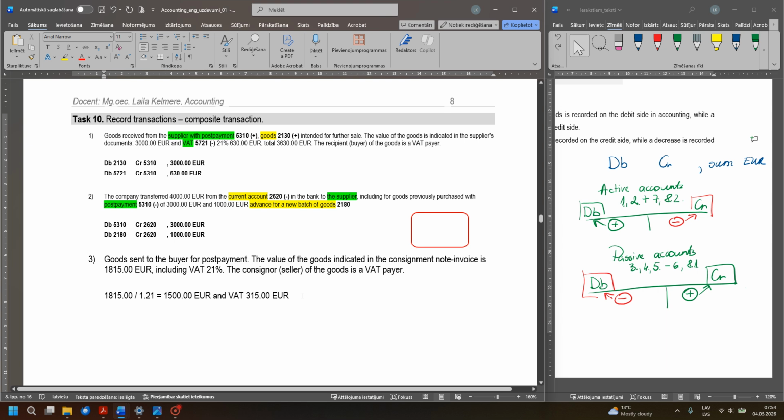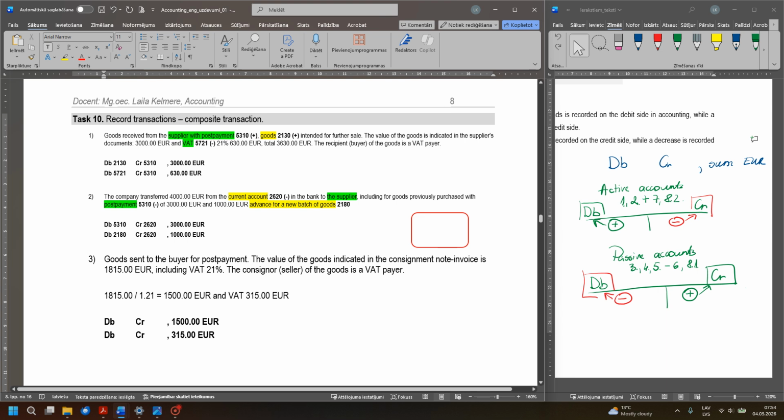And now we can make our transaction. So we again have two parts, debit and credit. The amount without VAT is 1,500 euros, and the value added tax is 315 euros.